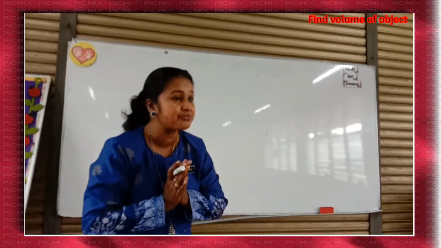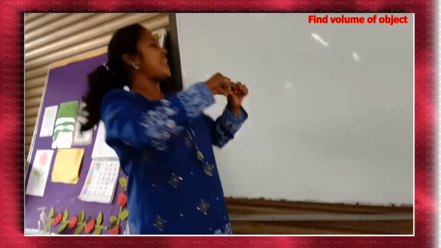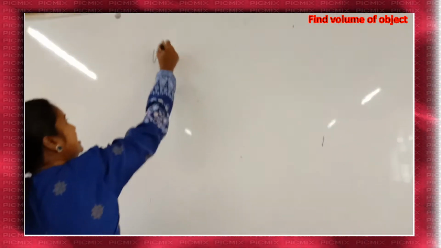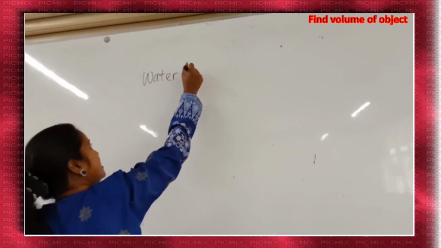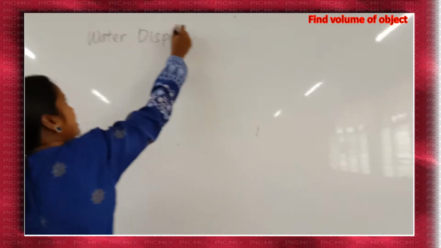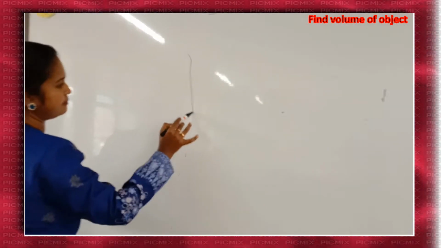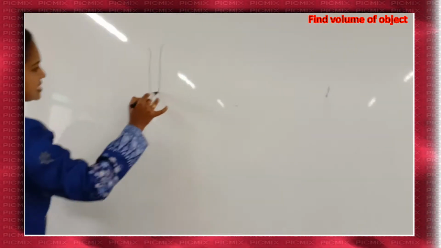Understand? Okay, now as theory, I'm going to explain to you how to calculate the water displaced in the measuring cylinder. Our title is water displacement. Let me just draw simply.